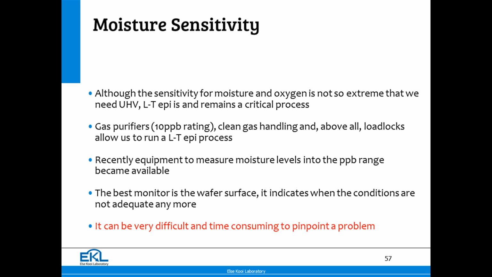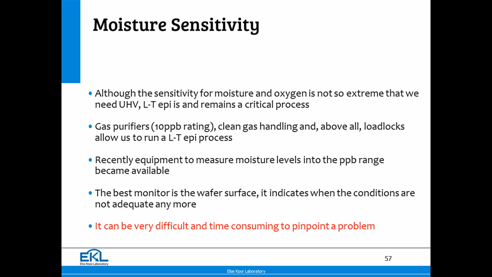What helps us here: gas purifiers, 10 ppb rating at the moment. We started off in the early days with 1 ppm, so huge improvement there. Clean gas handling, and above all, and that is important, load locks. All reactors except the epsilon opened to atmosphere for loading and unloading. What happens then? You trap moisture inside, moisture condenses, adsorbs at the cool surfaces, the cool flanges.